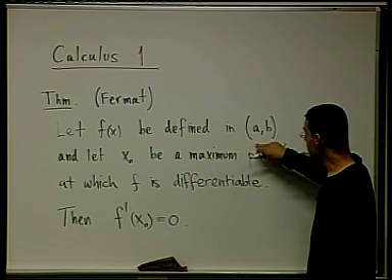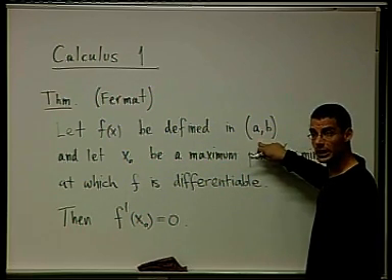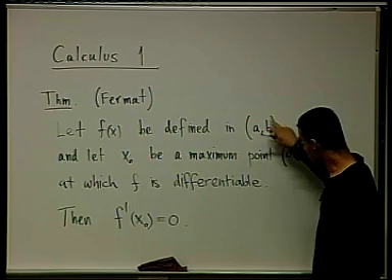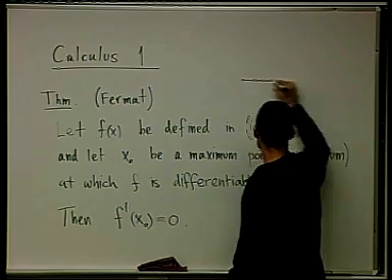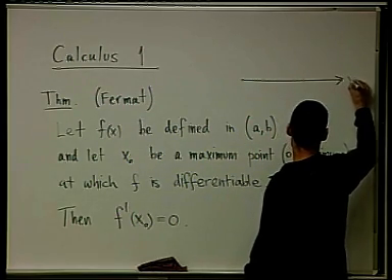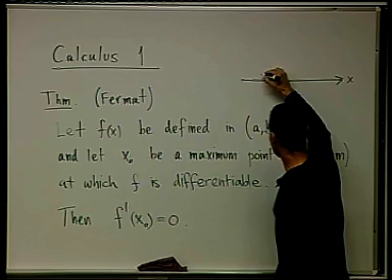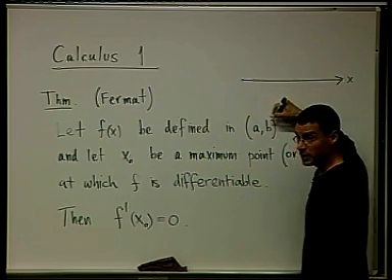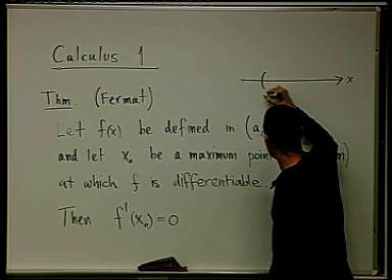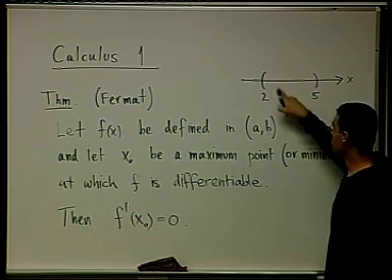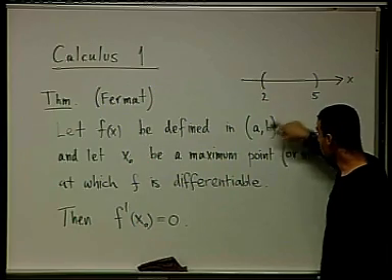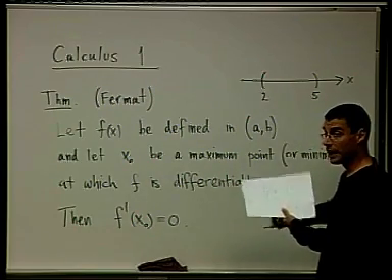parentheses, okay? This is called an open interval, okay? So what this denotes is, suppose this is the x-axis, let's give an example. For example, from 2 to 5, this denotes the interval of all the points between 2 and 5.